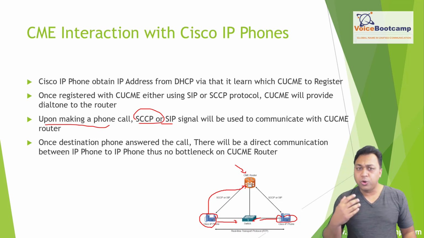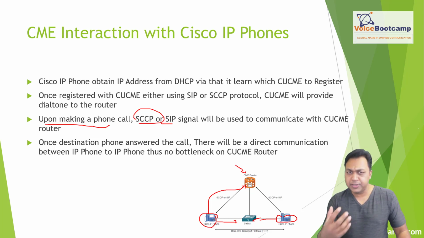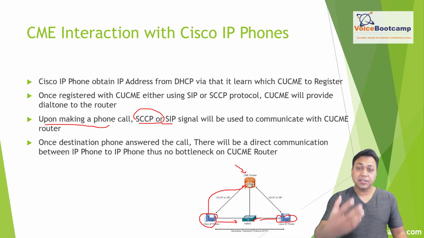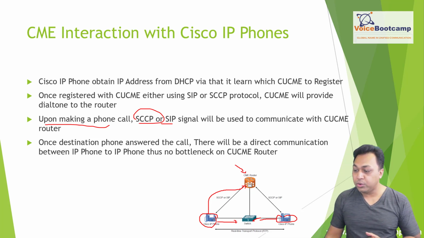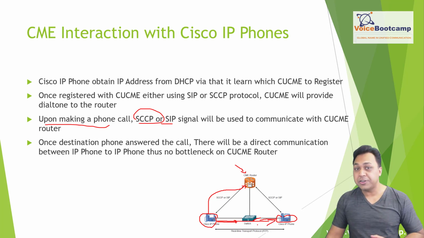Once the phone communicates with the router to send a signal, the router will contact the destination phone, and the destination phone at some point will answer the call. At the moment they answer, phone X will communicate with phone Y directly using an RTP channel.